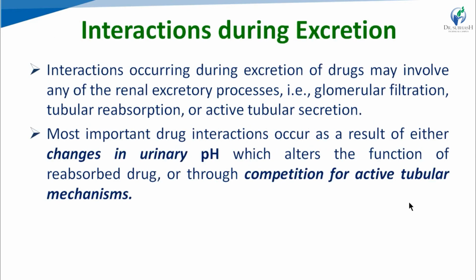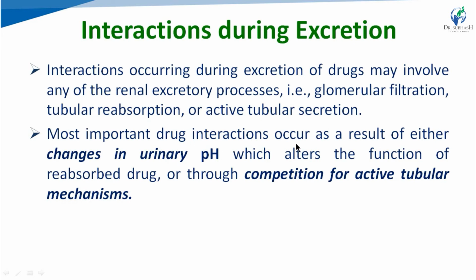Then interaction during excretion. Interaction occurring during the excretion of a drug may involve any one of the renal excretory processes. It means glomerular filtration, tubular reabsorption, or active tubular secretion.